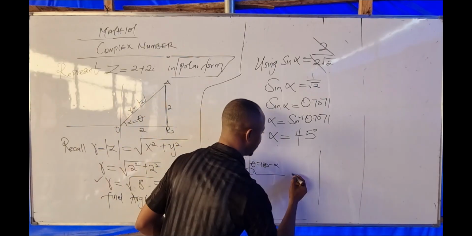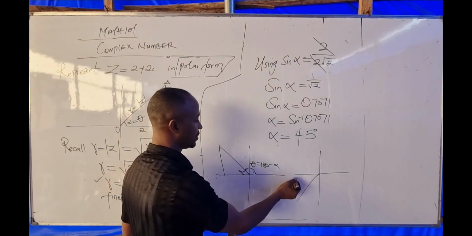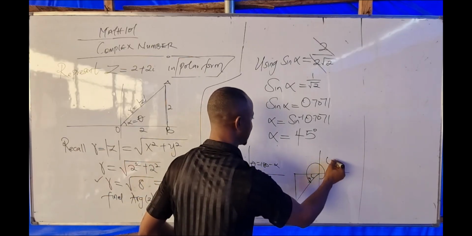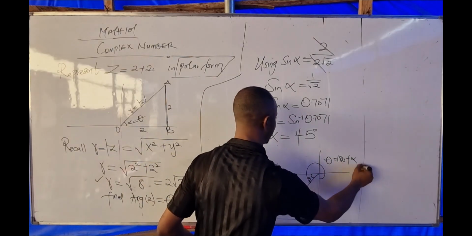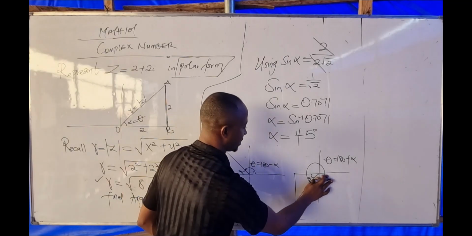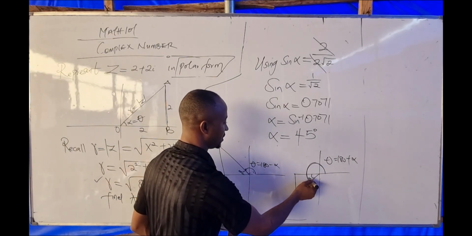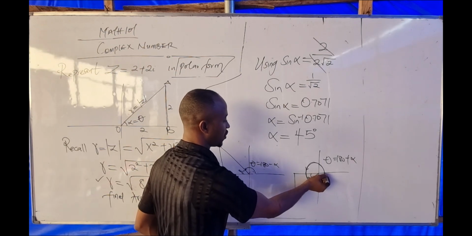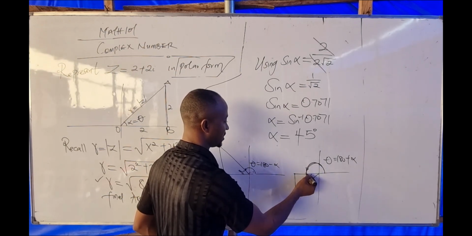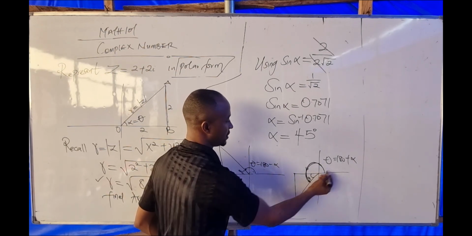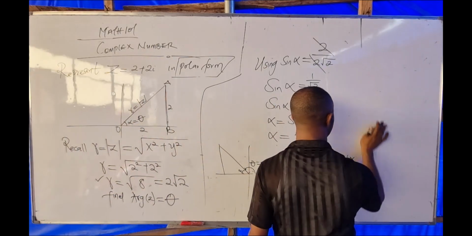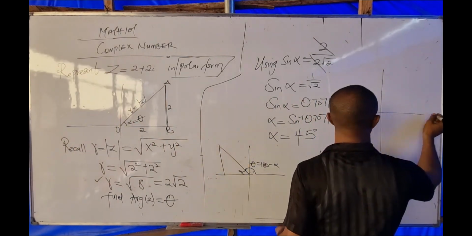Now, what if the value of z falls in the third quadrant? Our theta is measured from here to here, which is theta equals 180 plus alpha. Are you following? If you notice this rotation, we cover from here to here 180, then we have alpha. Now, what if the value of z falls in the fourth quadrant?